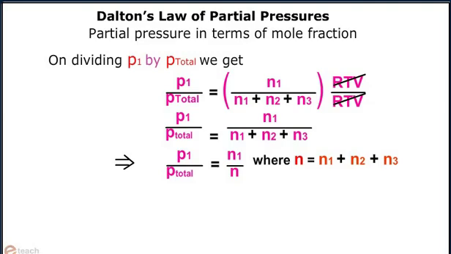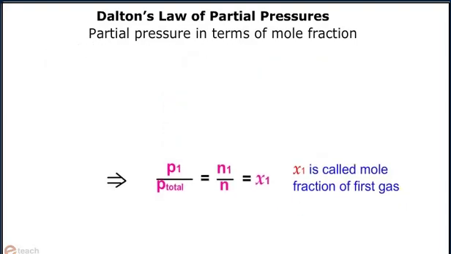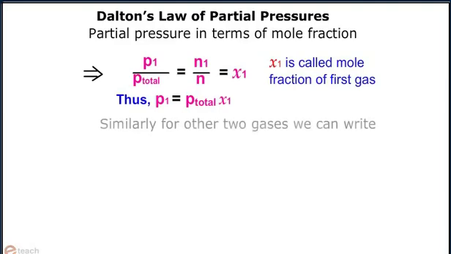This implies P1 by P total equals n1 by n, where n equals n1 plus n2 plus n3. This implies P1 by P total equals n1 by n, which is equal to x1. x1 is called the mole fraction of the first gas.